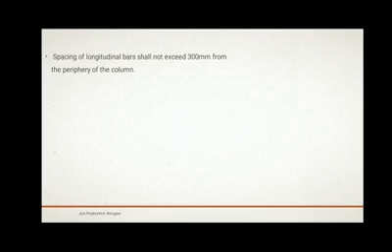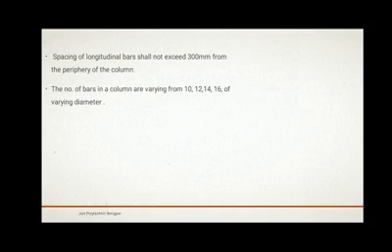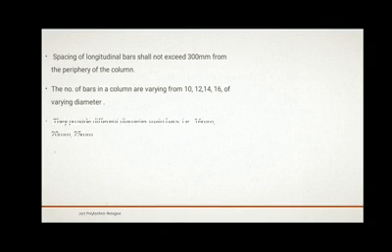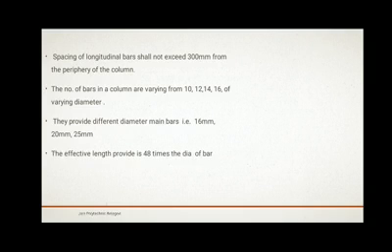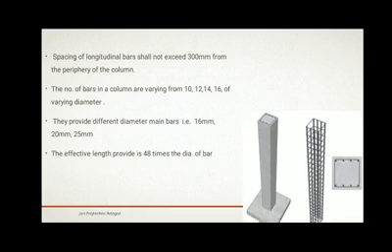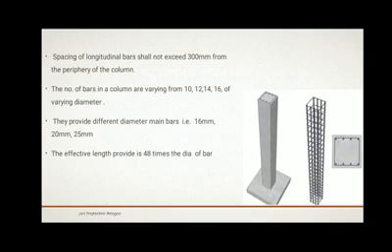Spacing of longitudinal bars should not exceed 300 mm from the periphery, that is the end of the column. Number of bars in a column varies, with diameters of 10, 12, 14 and so on. They provide different diameter bars, that is 16, 20, 25. The effective length provided is 48 times the diameter of the bar. Here you can see the structural arrangement of a column.